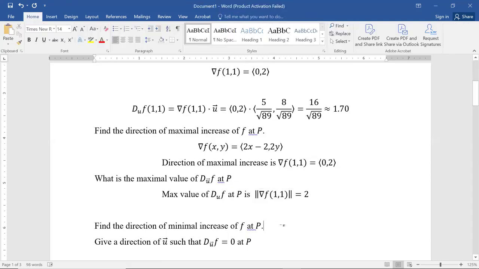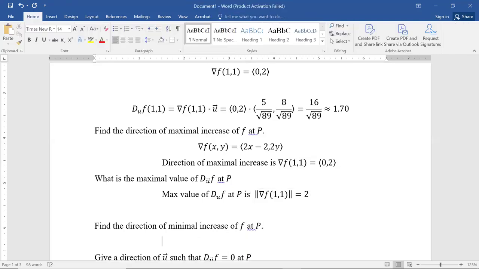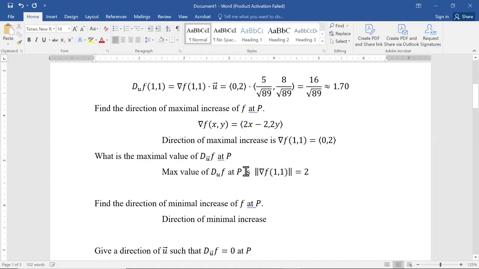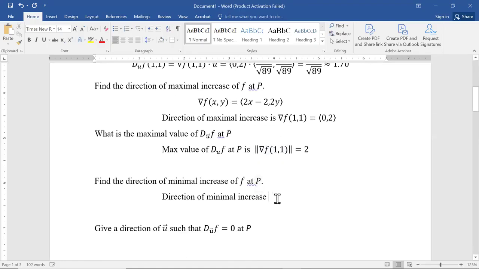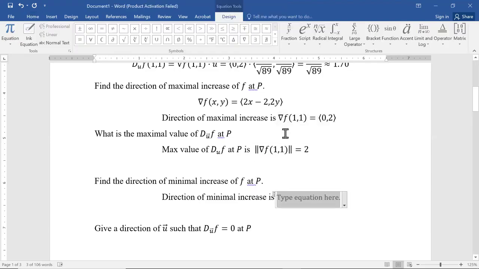Now the direction of minimal increase, or maybe the direction of maximum decrease, some people would say, is simply the negative of my gradient at the point (1, 1), which is fairly straightforwardly going to be (0, -2).